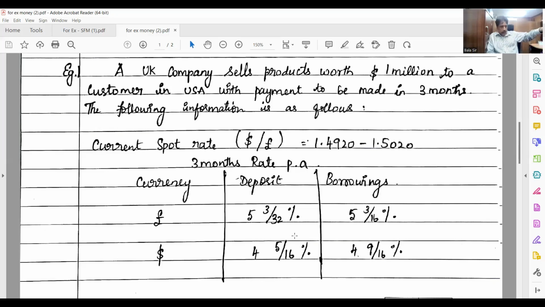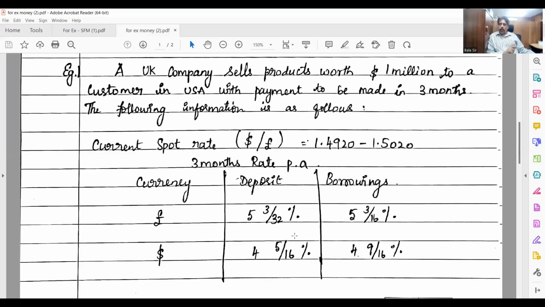Now, what is the interest rate in UK? In US, you tell me first. In US, deposit rate is 4.5 by 16%, and borrowing rate is 4.9 by 16%. They have given all these rates as improper fractions, right? Yes, sir.